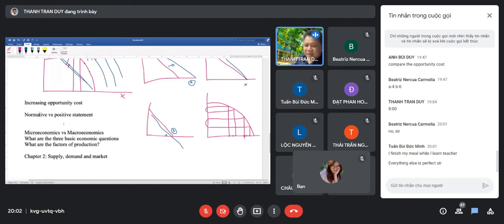Anyone tell me the difference between positive and normative? Anyone? What's the difference between positive and normative?